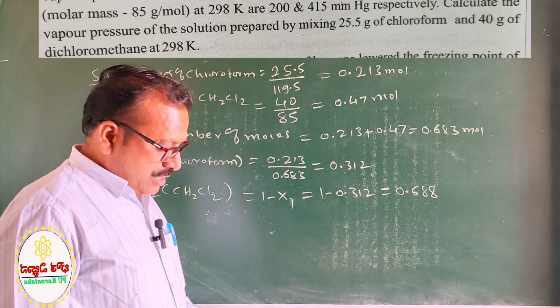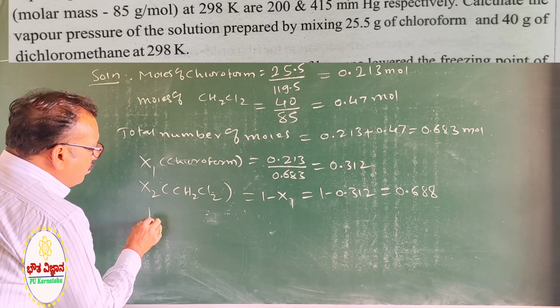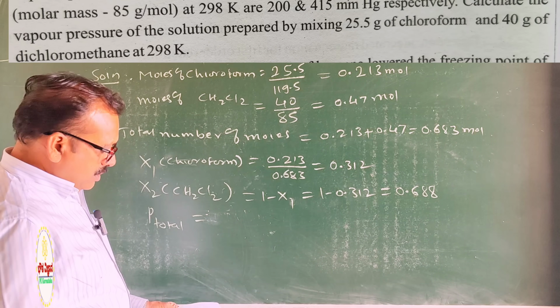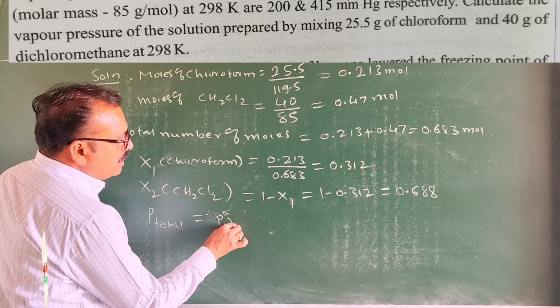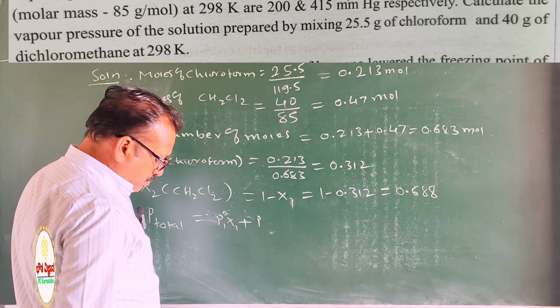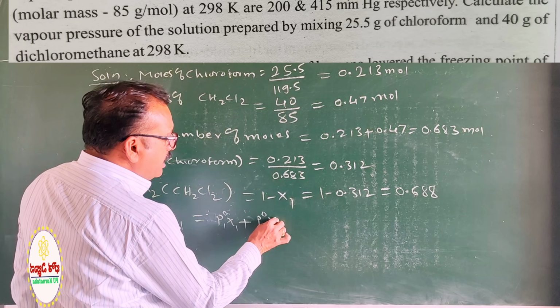0.688. Okay, so here total pressure you have to calculate, that is P1 naught x1 plus P2 naught x2.